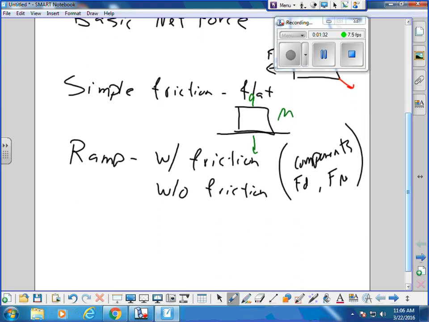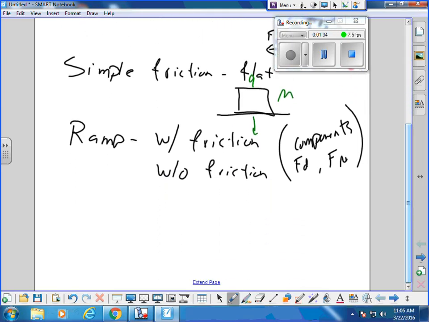And then there'll be probably 2 ramp questions, one with friction, one without. That's what those abbreviations mean. With friction and without friction. And remember, the components of force on a ramp are Fd, which is equal to mg sine theta, and Fn, which is equal to mg cos theta.